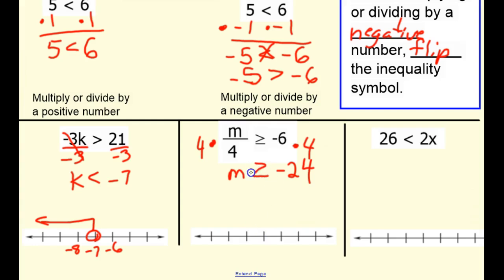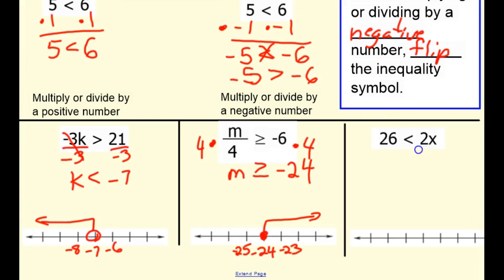So this is a greater than or equal to, so it's a closed circle. The arrow is pointing to the right, so we point our arrow to the right. We get negative 24. On this side, we would have negative 23, the higher number, and negative 25, the lower number. So anything that is greater than or equal to negative 24 would answer our equation here.